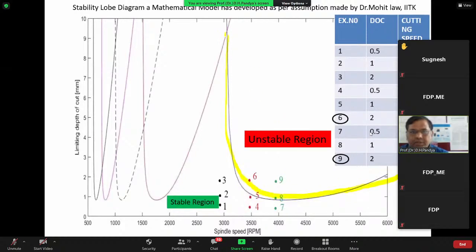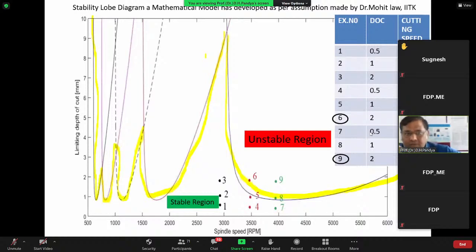All this region is the unstable region, right? And this region in green color, below the yellow highlights, is the stable region. And above that, all is the unstable region.